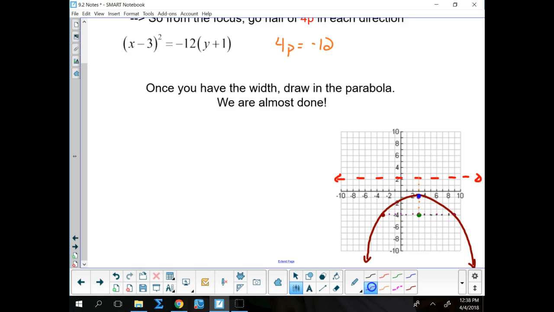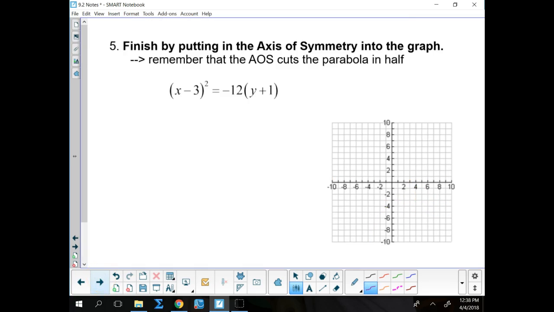Step 5, then, is going to be, we can finish this off by just putting in the axis of symmetry. So, once again, here was our vertex. Here is our focus.